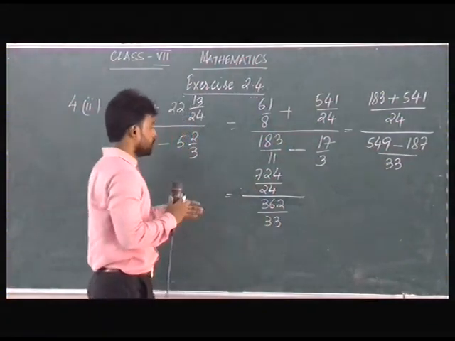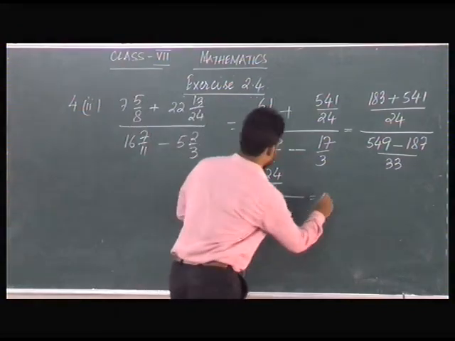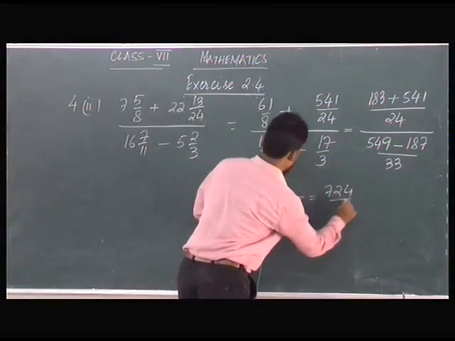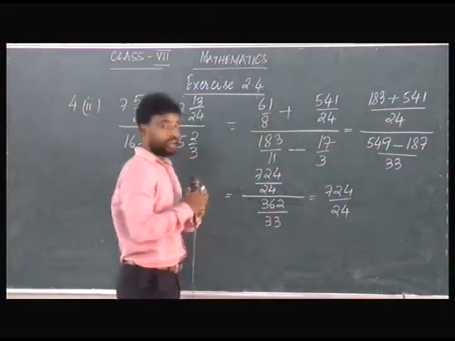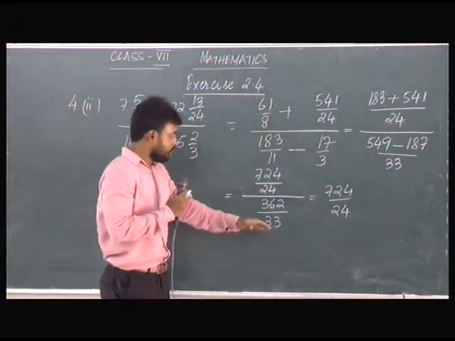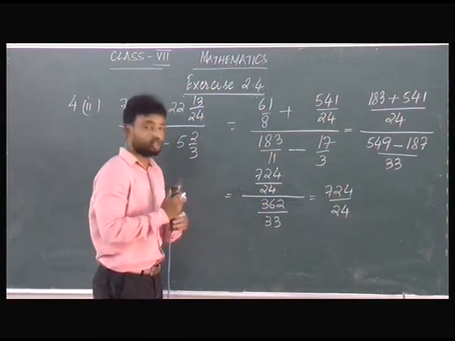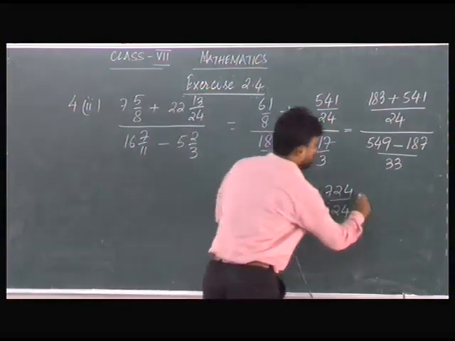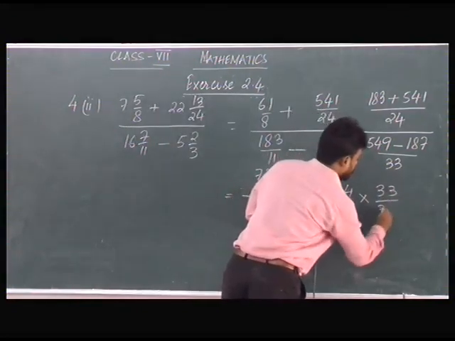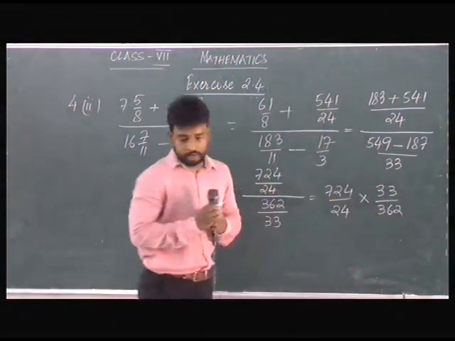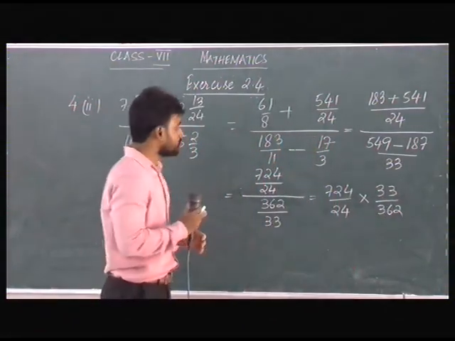Next we'll write it as 724 by 24. Now we'll find out the reciprocal of 362 by 33, that will give you 33 by 362.